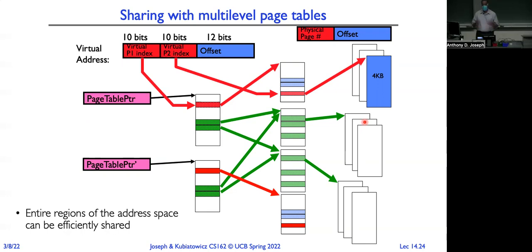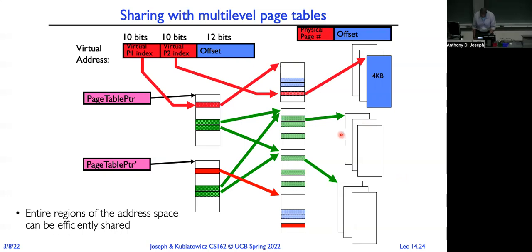So we can have the page tables associated with code, and those get shared across all of the processes running the same binary. Or pages assigned to libc, and all of those get mapped into every address space. So it makes it really efficient for us to do sharing between processes.